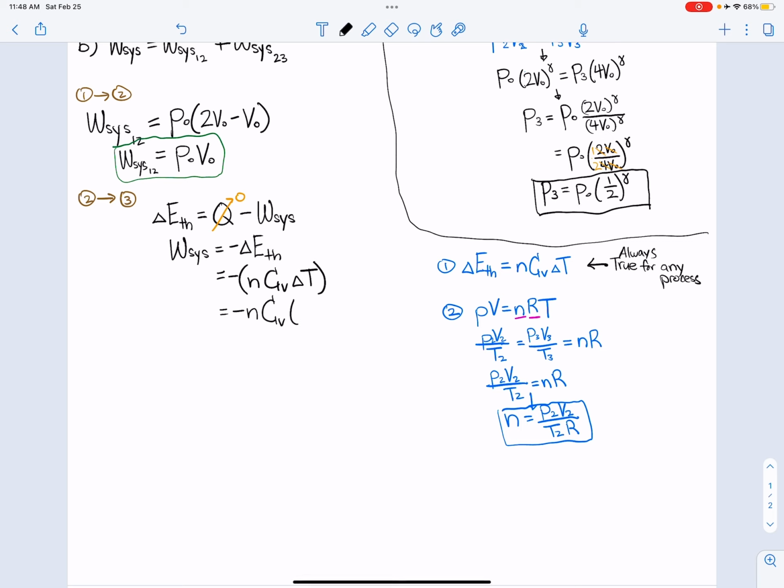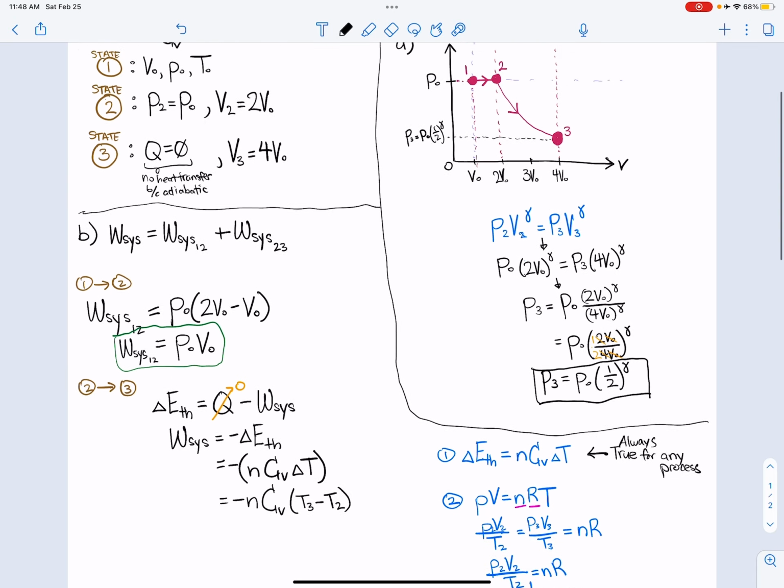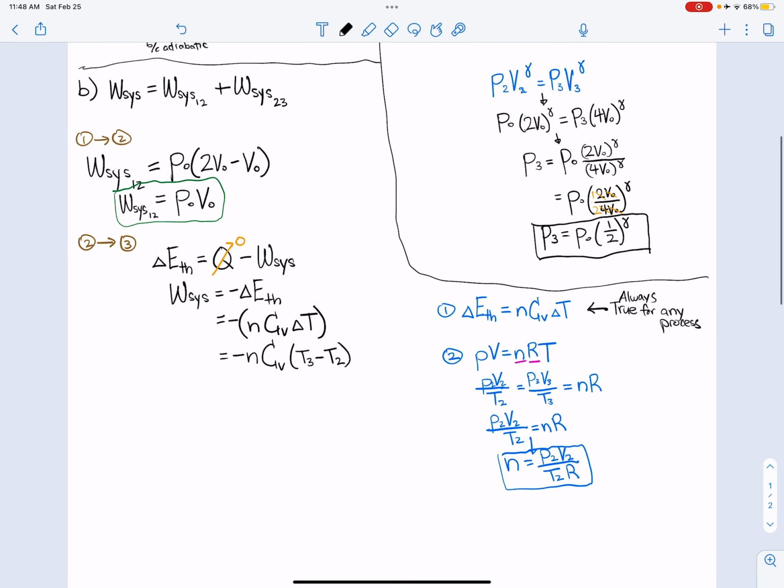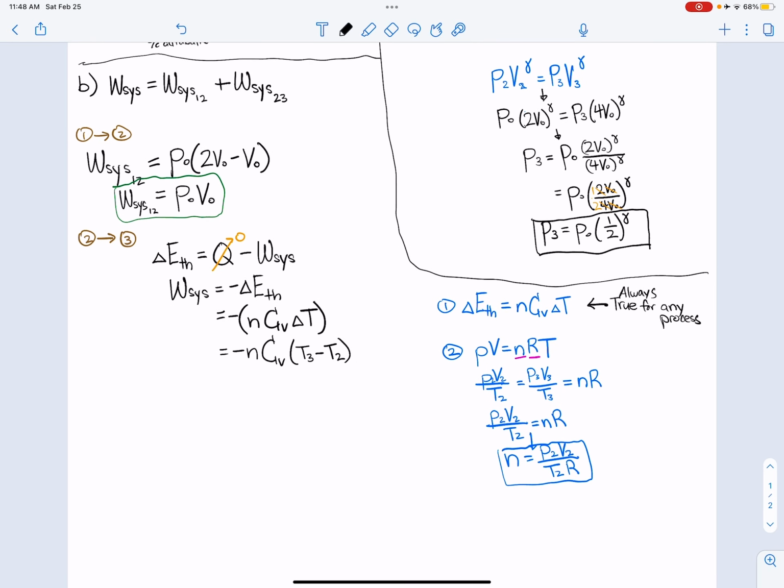In this case, we go from state 2 to state 3, so that's temperature at 3 minus the temperature at 2. Okay? So now I have my value for n. And do I have my value for T2? I don't have my value for temperature at 2 or my temperature at 3. Right?